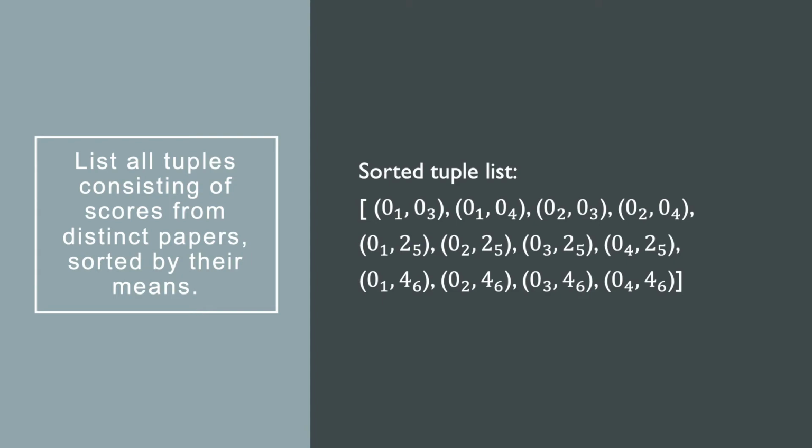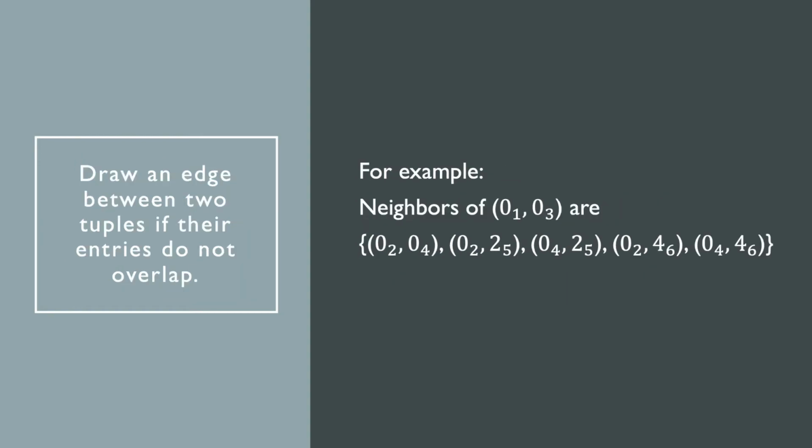First of all, we will list all tuples consisting of scores from distinct papers, and we will sort the tuples by their means. The subscript here just means the paper that each score is associated with. Then we take the tuples as the vertices, and we draw an edge between 2 tuples if their entries do not overlap.